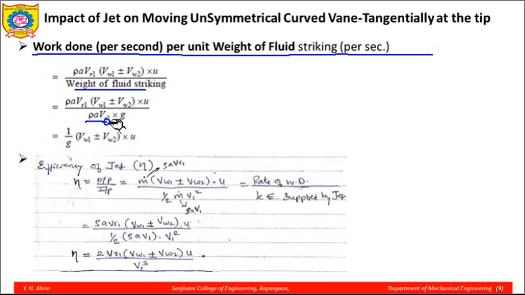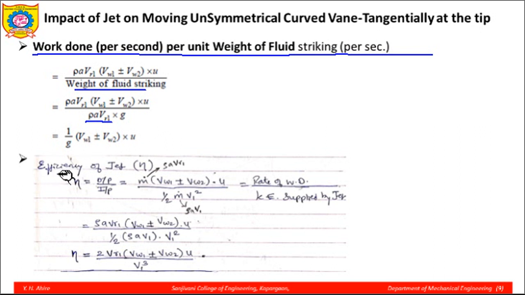Mass flow rate is rho a Vr1, into g, so m dot into g is the weight of the fluid striking. So divide the rate of work done by weight. Cancel rho a Vr1. So the formula is 1 by g into bracket (Vw1 plus or minus Vw2) into u. The unit of this term is Newton meter per Newton, as work done per unit weight.